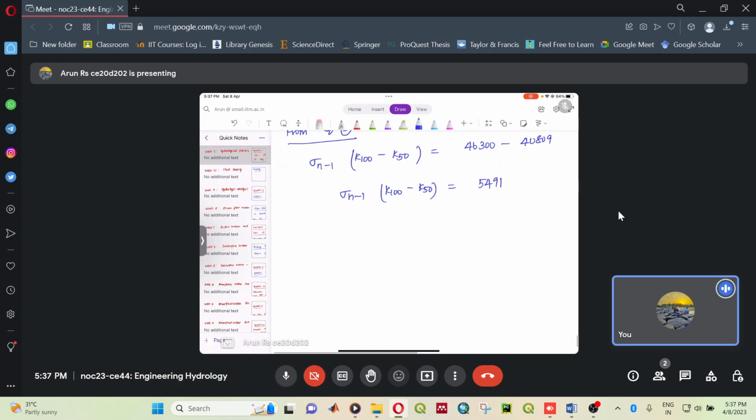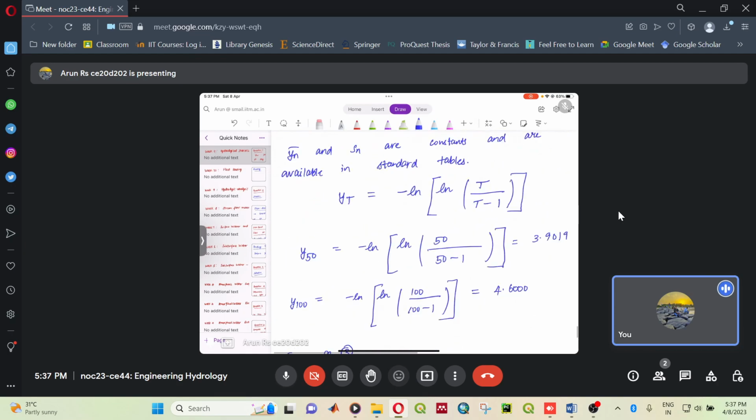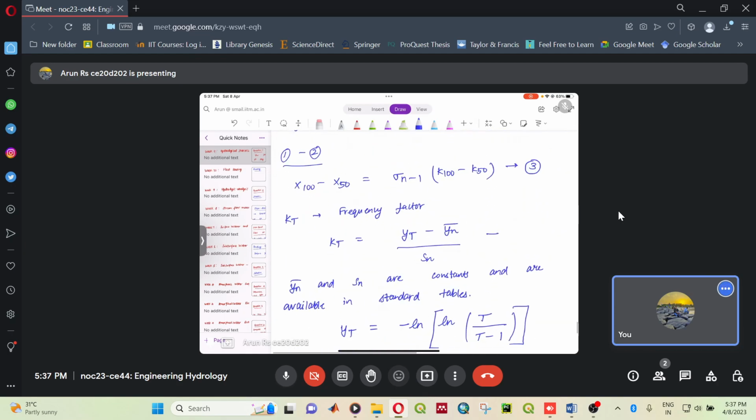Now I am going to take y100 minus y50. This is from equation 4.